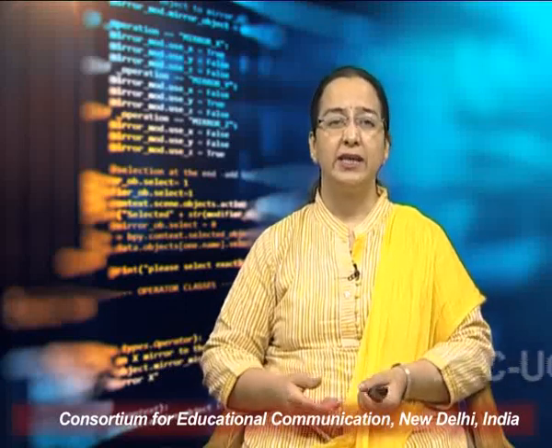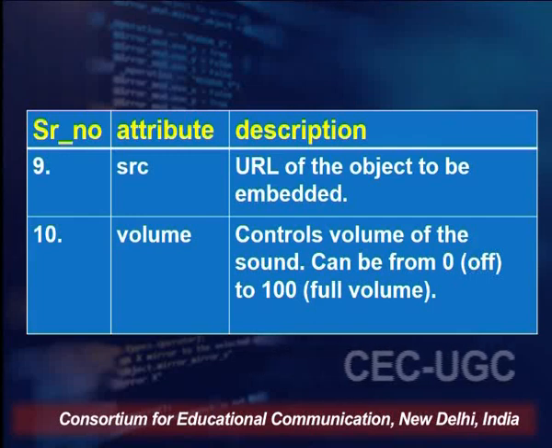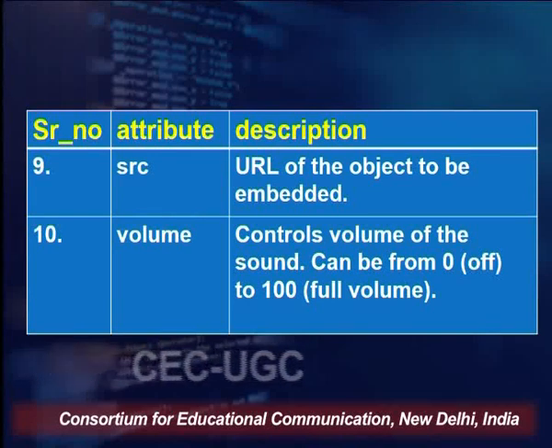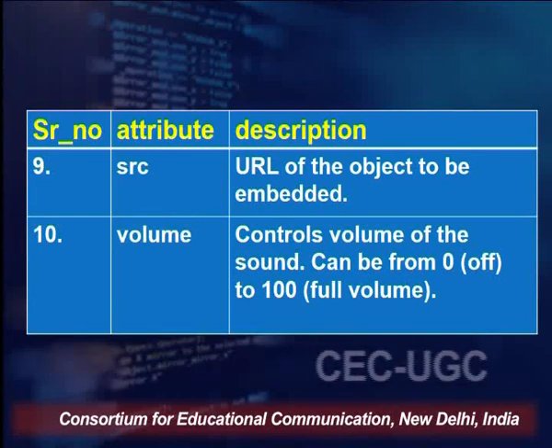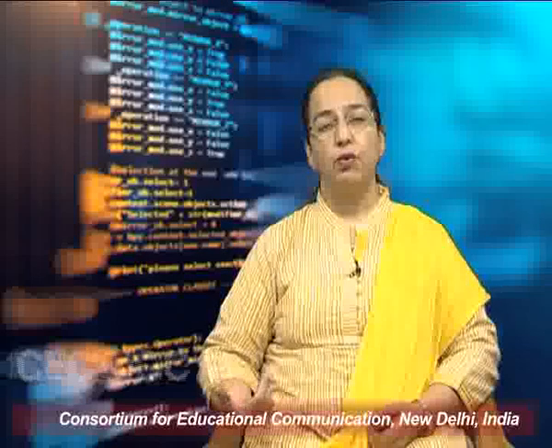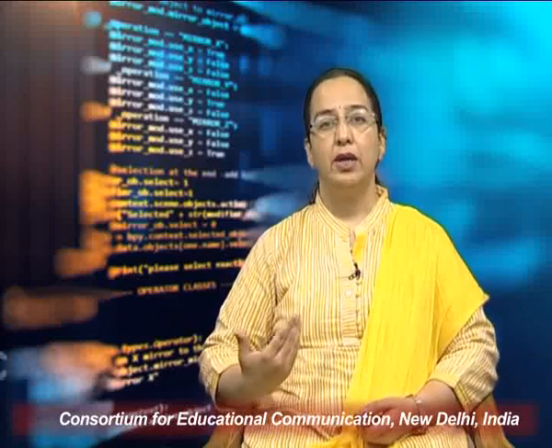Then src is for the source, which we have already covered, which is the URL of the object to be embedded. So embed src equals, that was the original code from where we started. And then there is volume equals a number from 0 to 100. So 0 is no volume, or off, and 100 is full volume to its capacity.